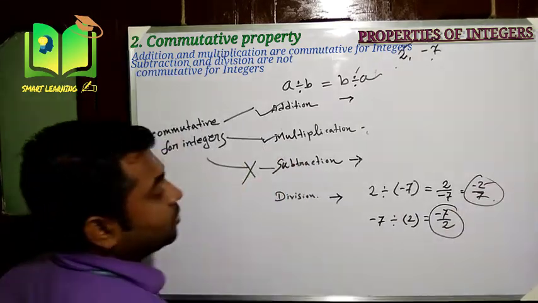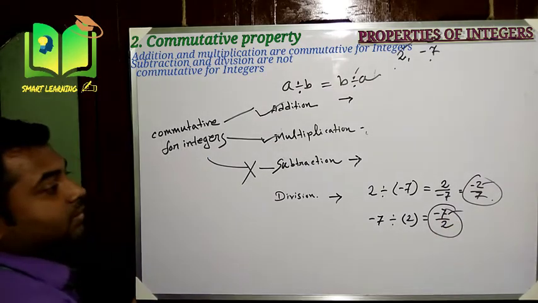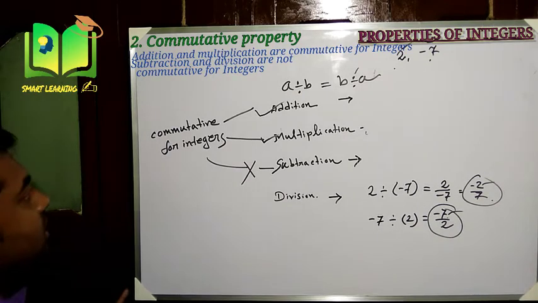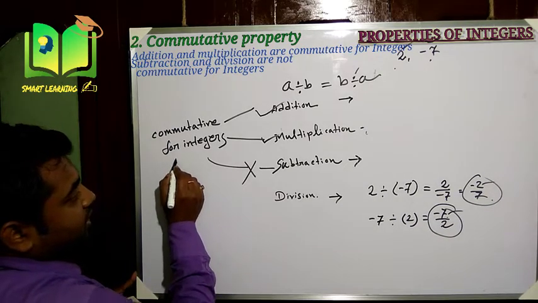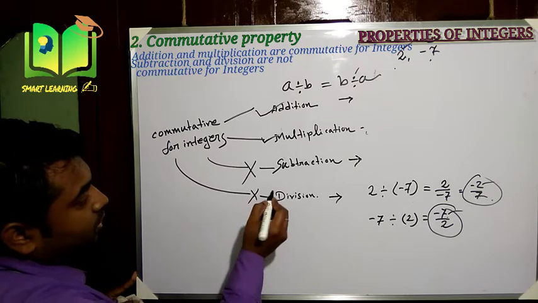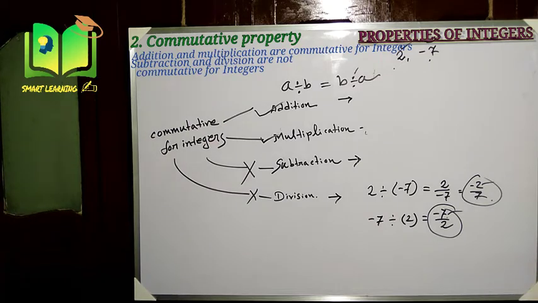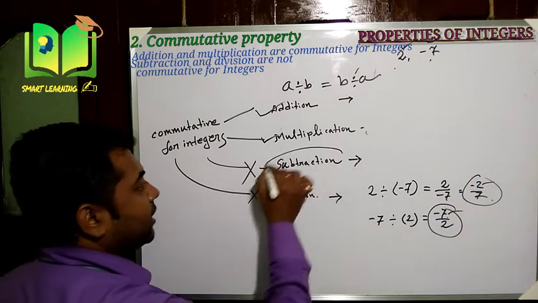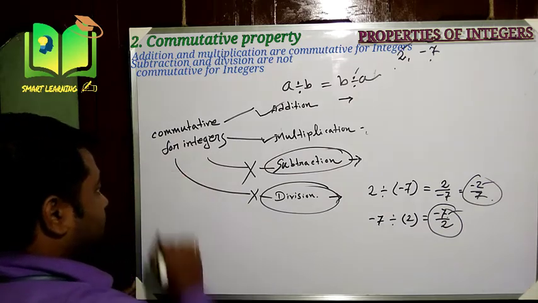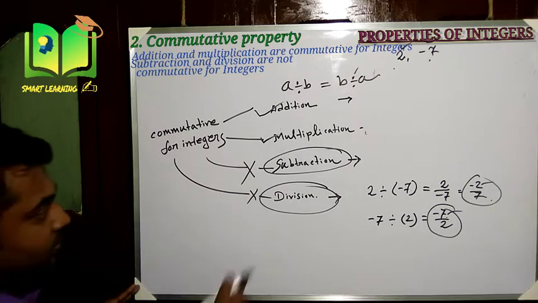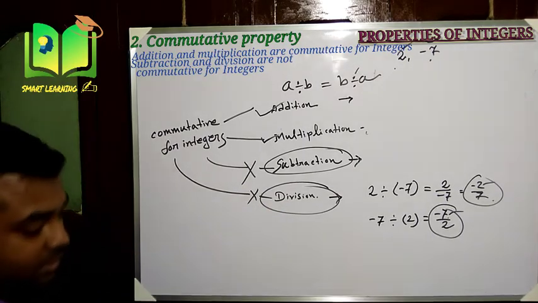Here numerator 2 and here numerator 7, minus 2 and minus 7. So both are different. In the same way, commutative property in case of division does not follow. Only addition and multiplication follow. Subtraction and division are not commutative for integers.